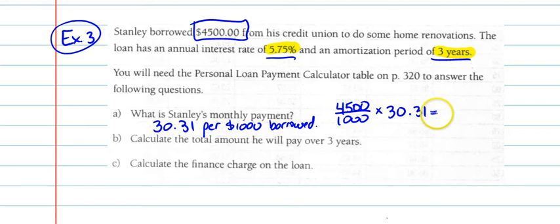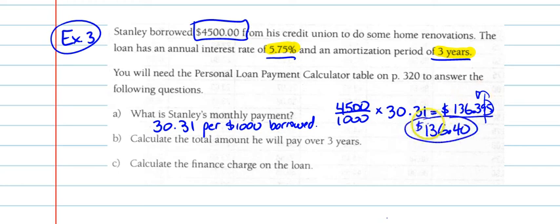Okay, and we end up with 136.395. Don't forget when you're rounding that 5, always to 2 decimals when it's money. So it ends up being 136.40. That 9 bumps up, so that is the monthly payment.